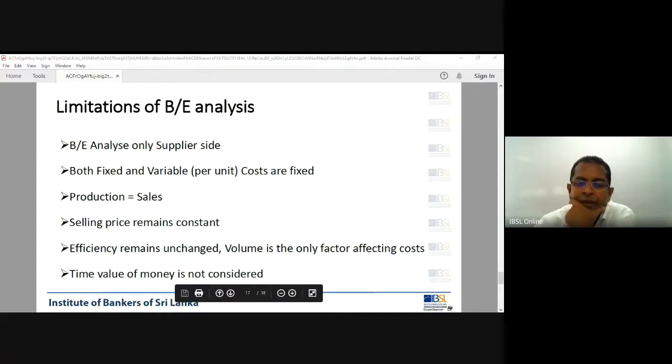Right? Let us go to the other slide now. So this is investment appraisal, right? So we will discuss what is investment appraisal and the basic topics on that.